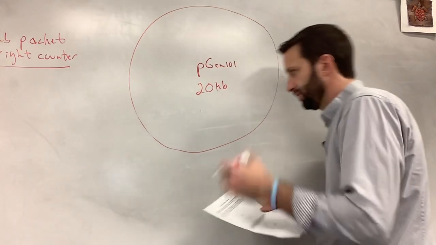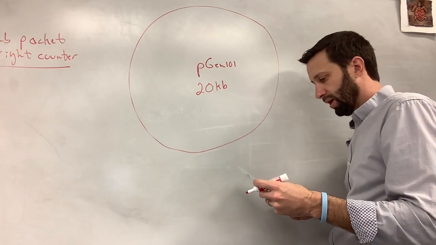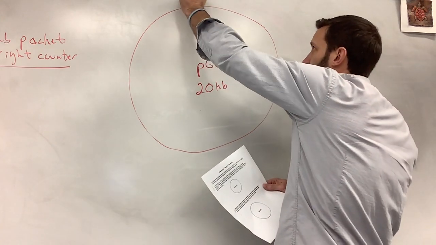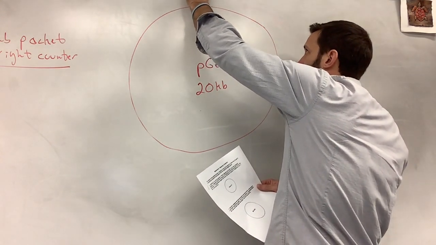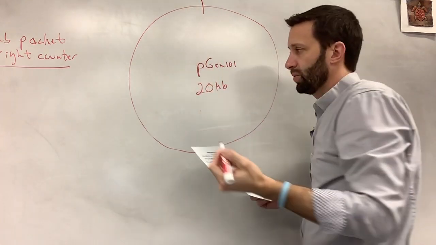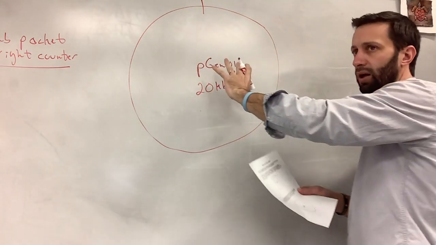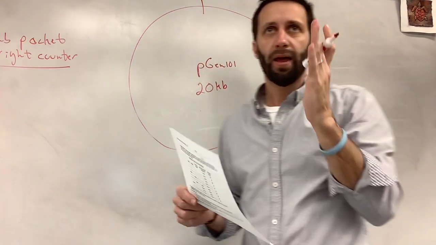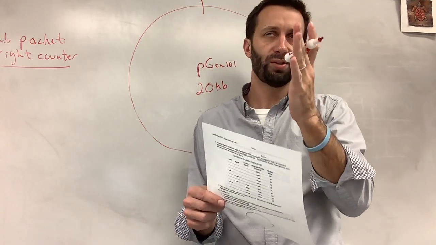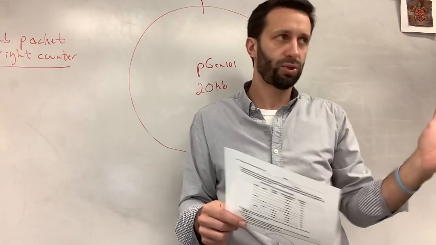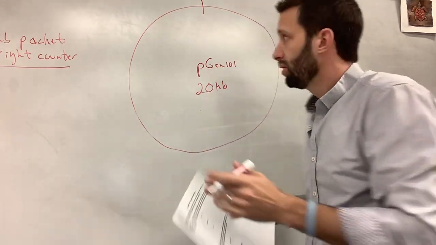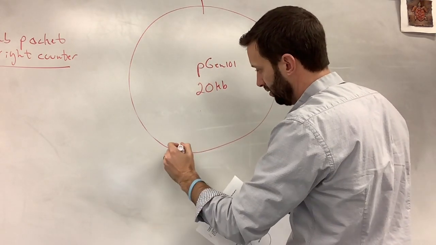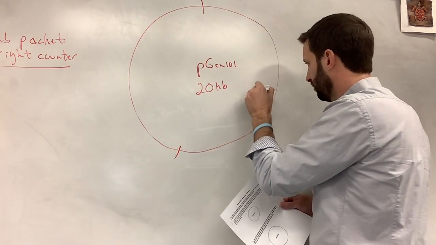I'm going to split it up here with the BamHI. So it cuts it at 3 places, and I'm going to say the one here, we'll say BamHI. It doesn't really matter where. You can think of it like a clock; you could turn it one way or the other. We're looking for how the restriction enzyme cuts relative to the other restriction enzymes. So we're going to say this one's 12.